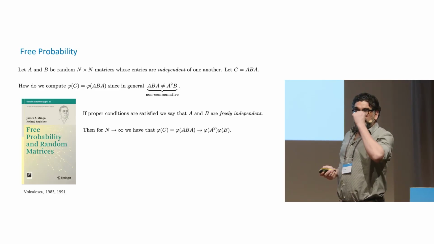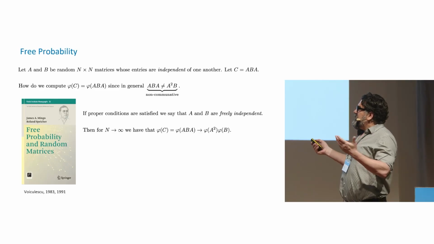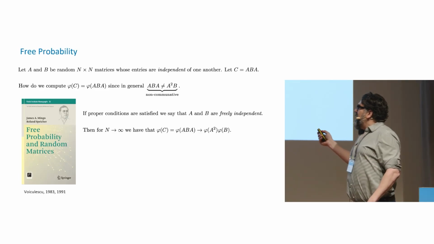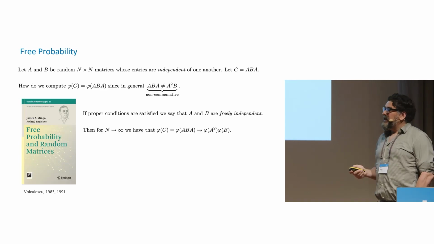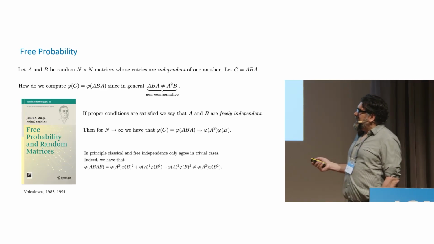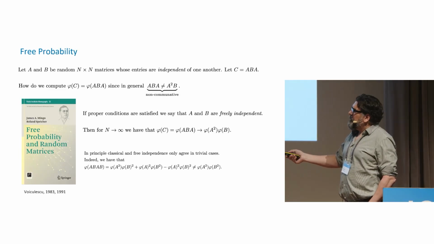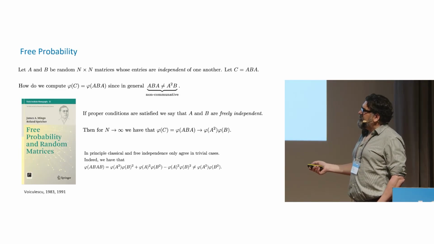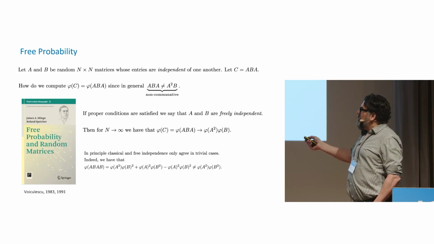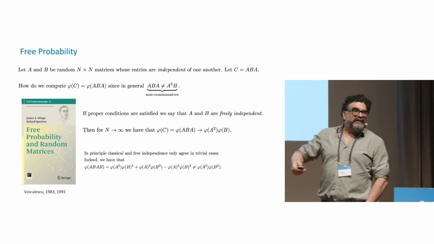That makes it seem like basically you can do calculus just like you would normally here. That's generally not the case. Only in this little silly example does it work. If I just added another B at the end of my calculation, you can get an expression for this in terms of the moments of A and B, but it's not the one you would expect from classic probability theory.